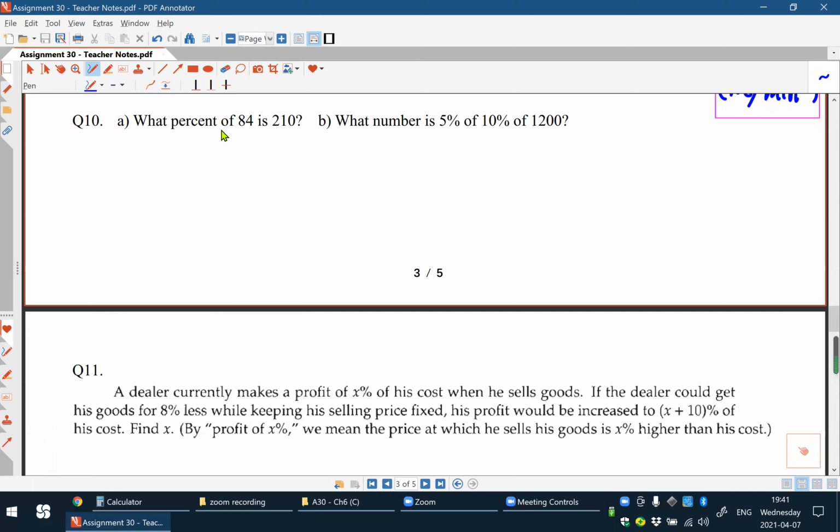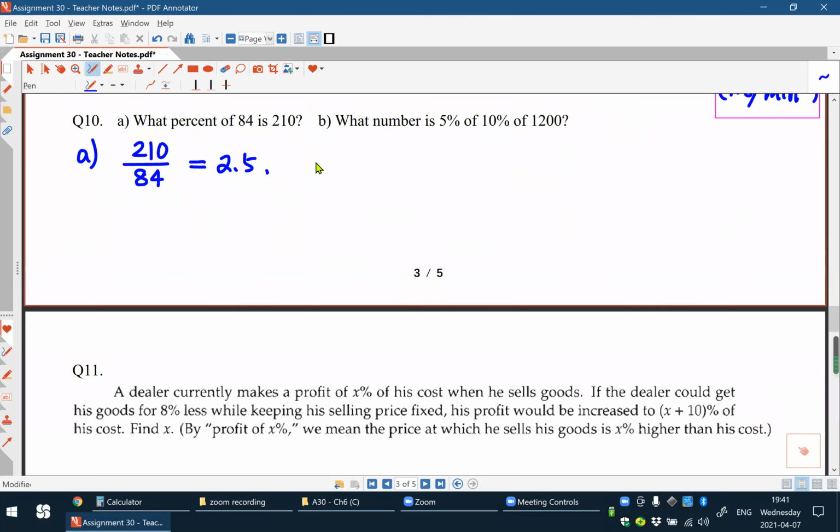What percent of 84 is 210? So to calculate percents, we can simply use 210 divided by 84, right? This is a percent of 84. And the result is 2.5.